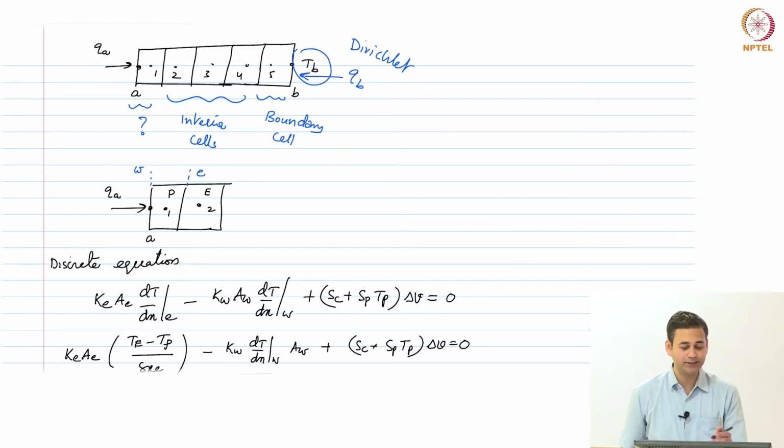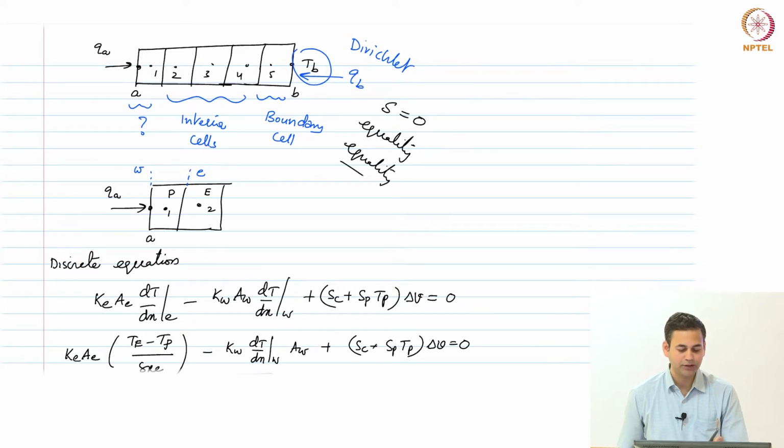For the interior cells, if the source is 0, Scarborough is satisfied in what? Equality, right, it satisfies in equality. What about the boundary cells now? It will also only satisfy in equality, right. So, then are we actually satisfying Scarborough criteria in inequality anywhere for any of the cells?